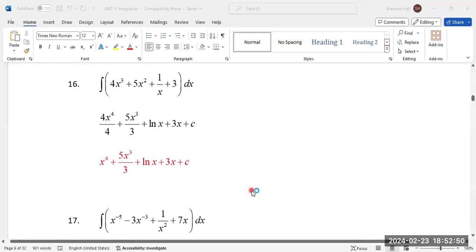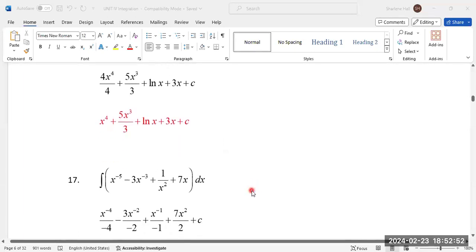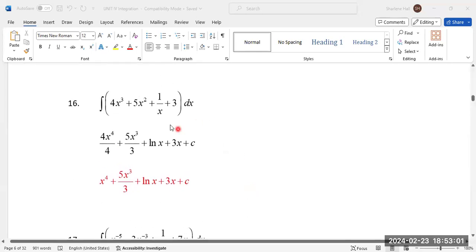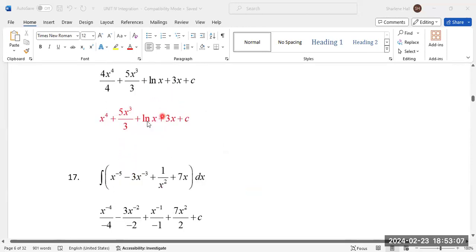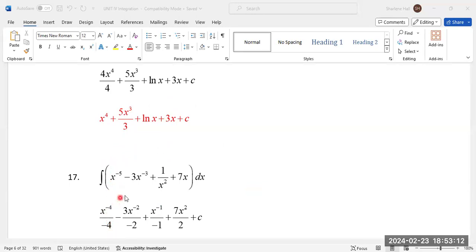Remember, I said the ln function only comes into play when you have just 1 over x, not 1 over x squared or 1 over any other number, just 1 over x, or x to the minus 1. So x to the negative 4 over 4, I heard you say that.